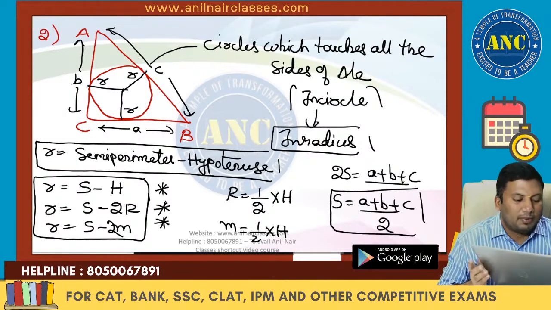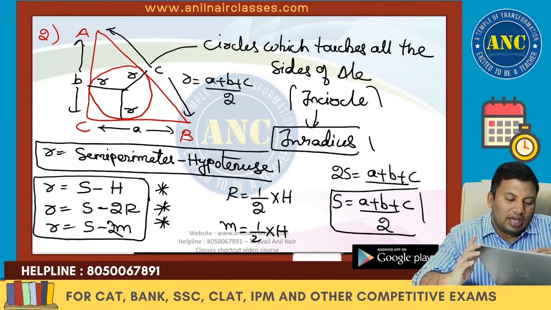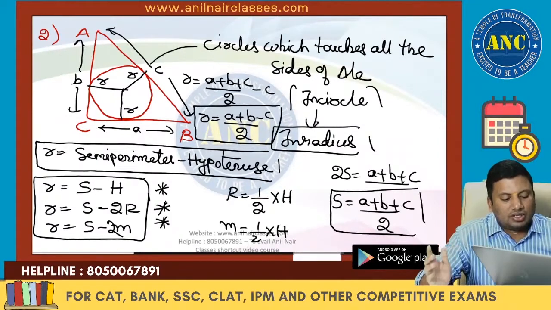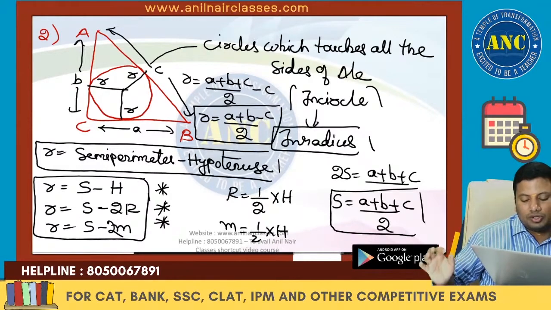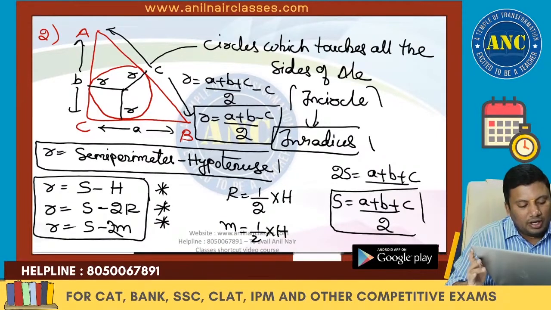Inradius is given by semi-perimeter minus hypotenuse. It is also (a plus b plus c) by 2 minus c, which is (a plus b minus c) by 2. Hypotenuse is 2 times the circumradius, or 2 times the median.